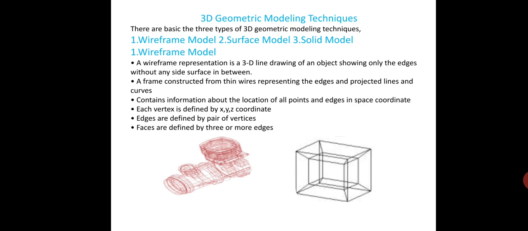The only lines seen are the intersections of surfaces. It can be used for finite element analysis, and as input for CNC machines to generate simple parts. It contains most of the information needed to create surface, solid and higher order models. Now, about the limitations of the wireframe model, ambiguities present in the wireframe model are the main drawback.